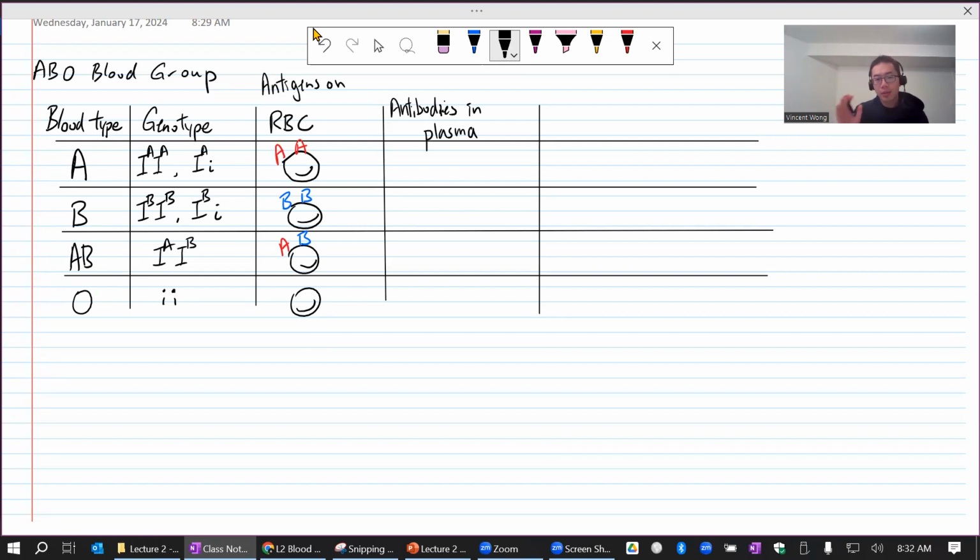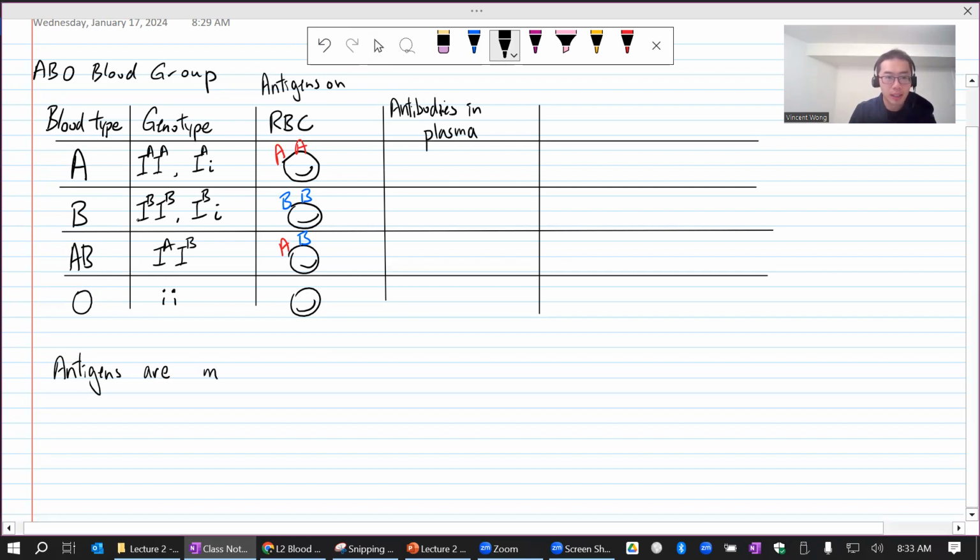Now, in case you need a little bit of refresher on the difference between antigens and antibodies, let me just write it out for you. Okay, so antigens are basically molecules found on a cell.